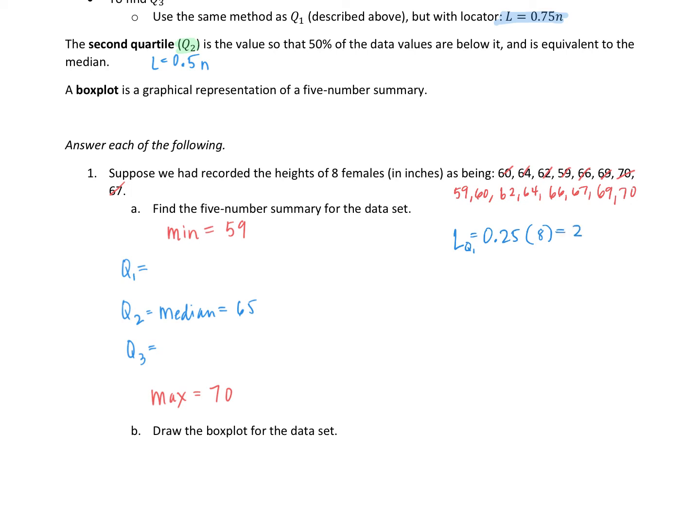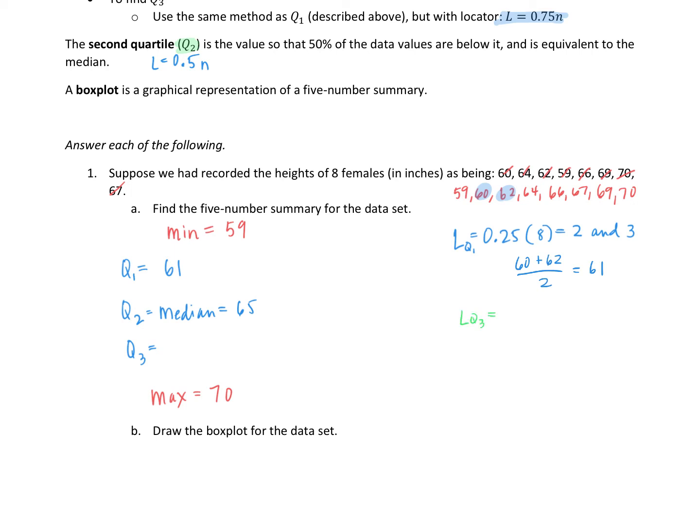If you get a whole number, you need to use the data value in that position and the next and average those together. So the numbers in place 2 and 3 are 60 and 62. So we're going to average those. So add them together and divide by 2, and we'll get 61. So Q1 is 61.